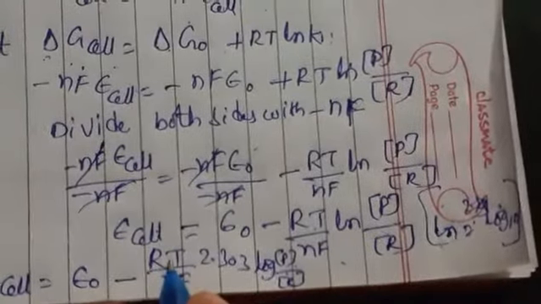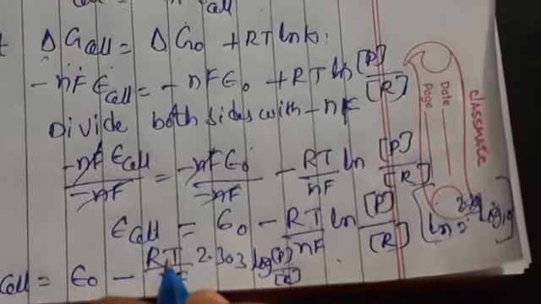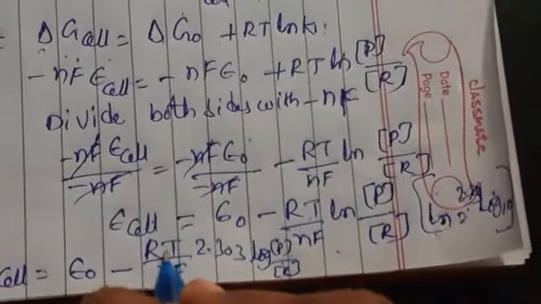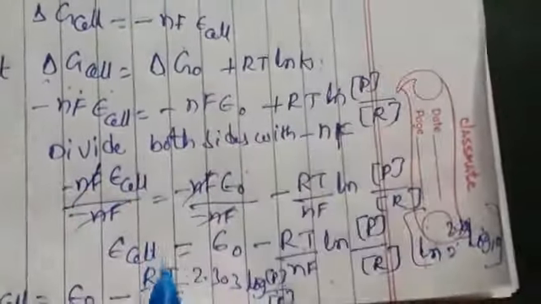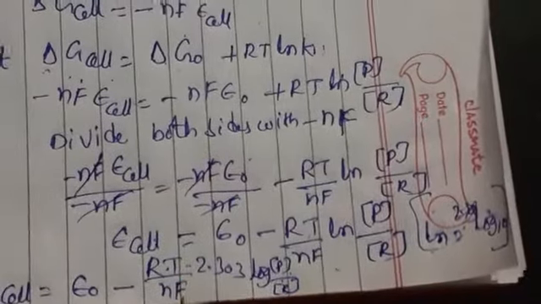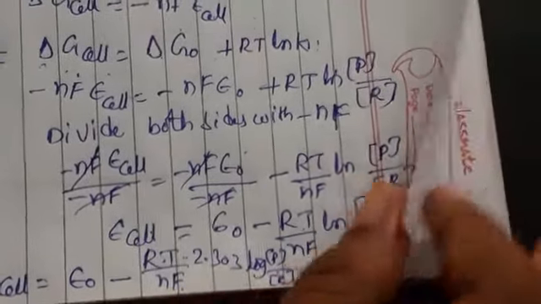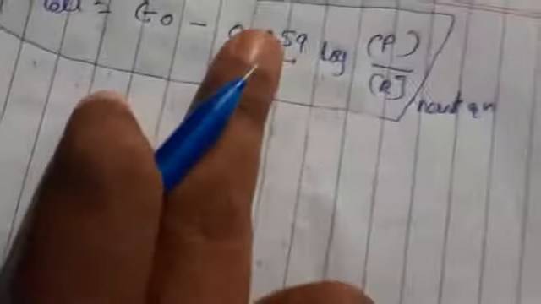Where R is the gas constant with the value 8.314, and the temperature at 25 degrees, at which we are deriving this equation, is 298 Kelvin. F has the value 96,500 coulombs. By substituting these values, we get this equation. Then what about metals?